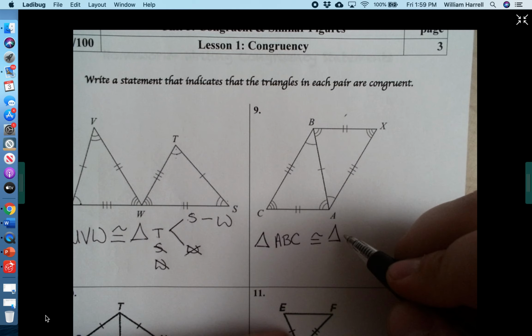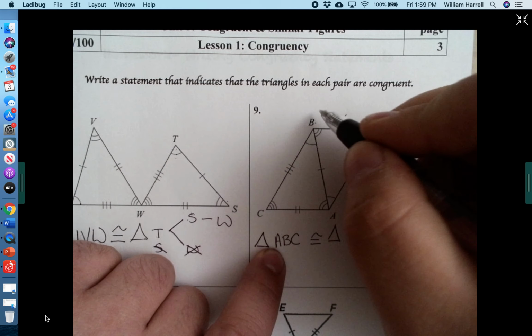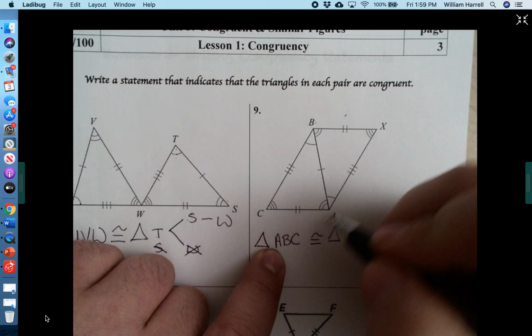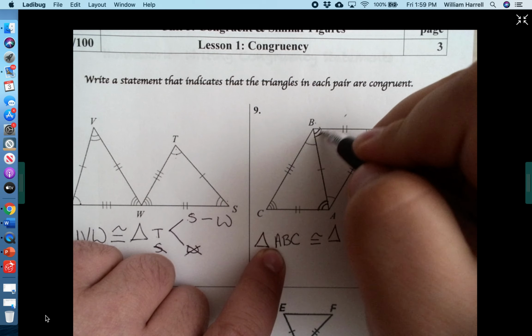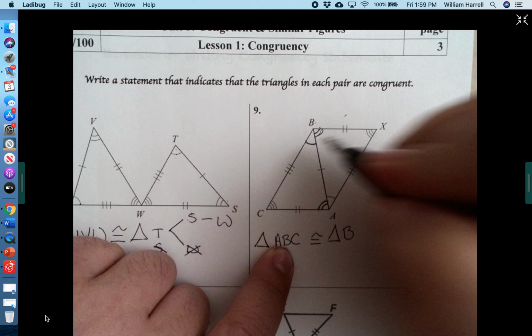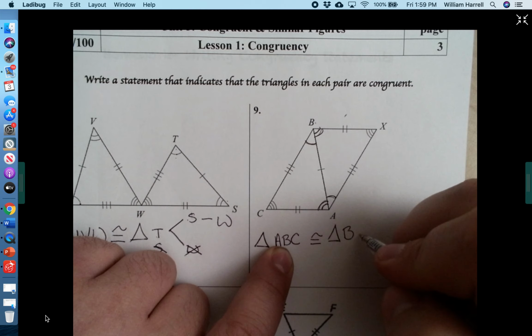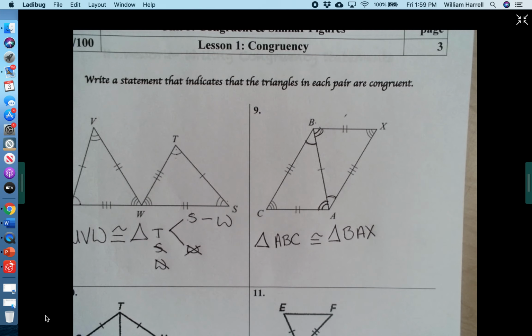So ABC is this triangle. A has 2 marks. What angle over here has 2 marks? B. B has 1 mark. A has 1 mark. The only thing that's left over is X.